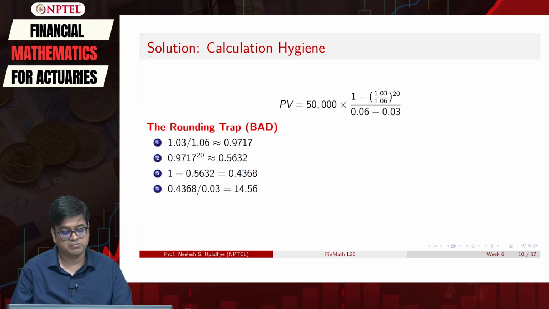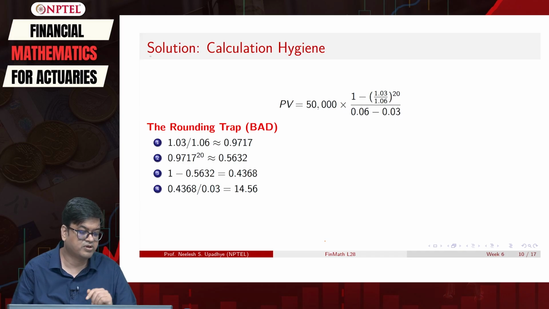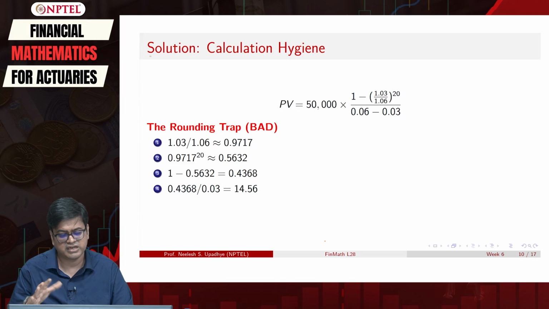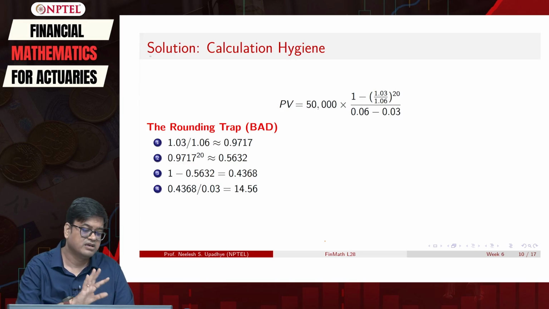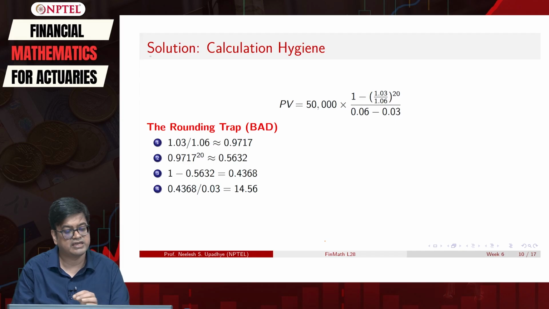Now you use simple algebra, but if you trim the digits of your decimals, for example, you do 1.03 upon 1.06, and you round to 4 places as shown in your BA II Plus calculator, you will get 0.9717. Then you raise this to the power of 20, and you get 0.5632.